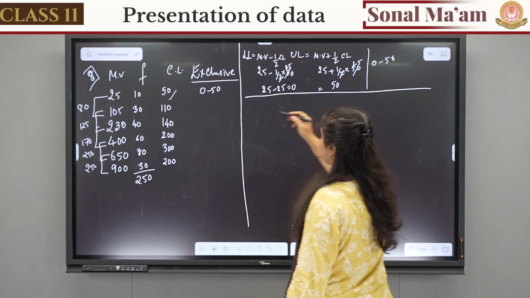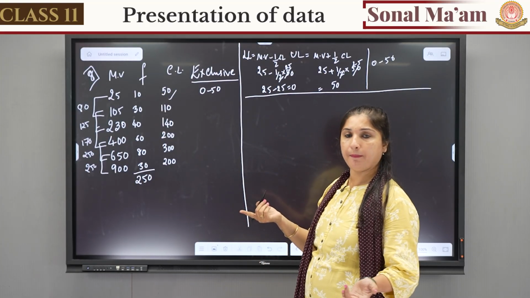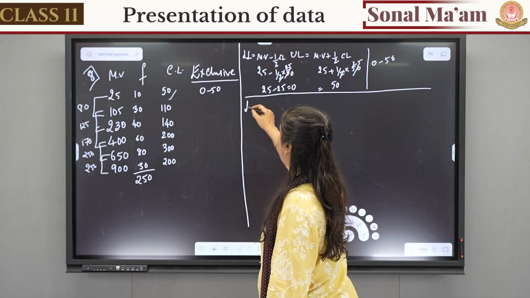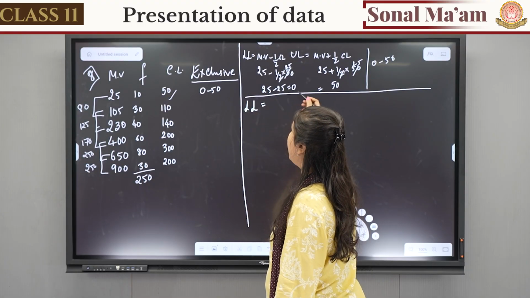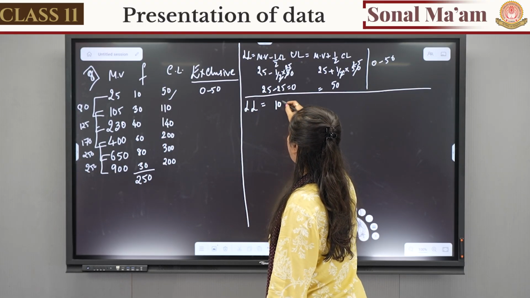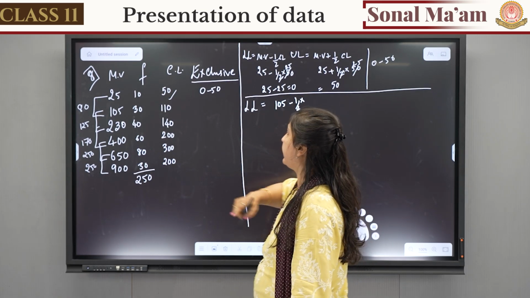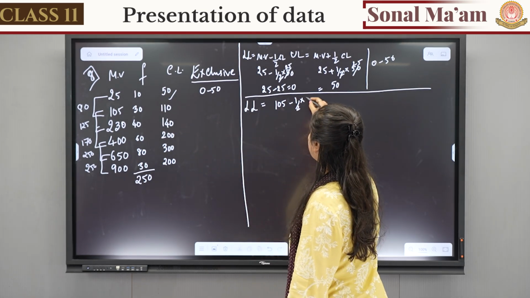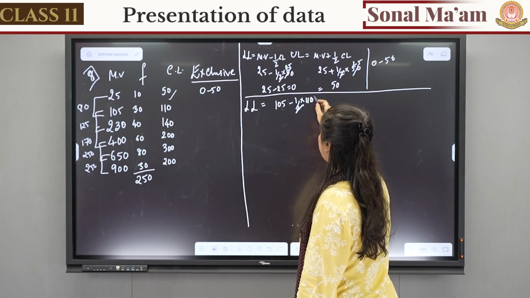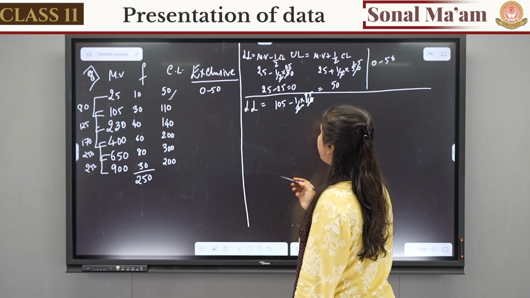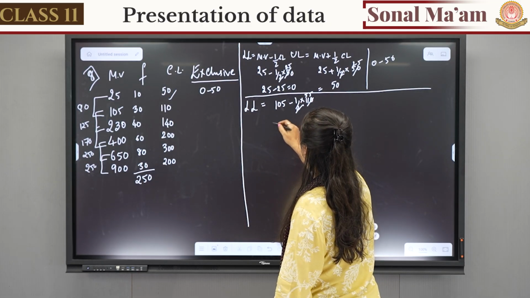Let's find the next one. Again, the same formula will be applied. We are finding the lower limit. Lower limit will be, what is the mid value? 105 minus half into, what is my class length? 110. This will be 55. So 105 minus 55 will be 50.